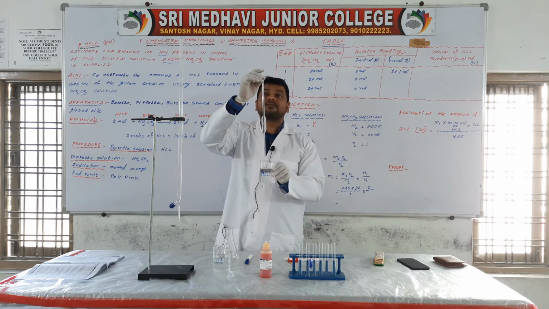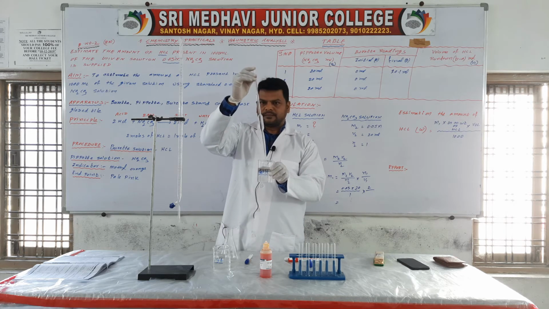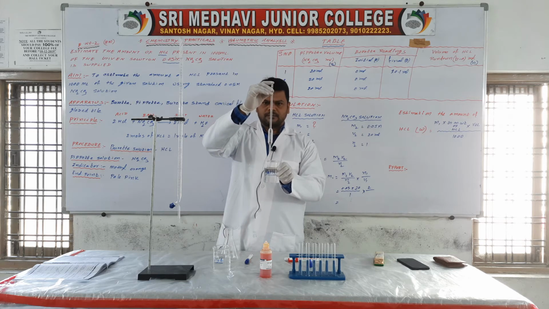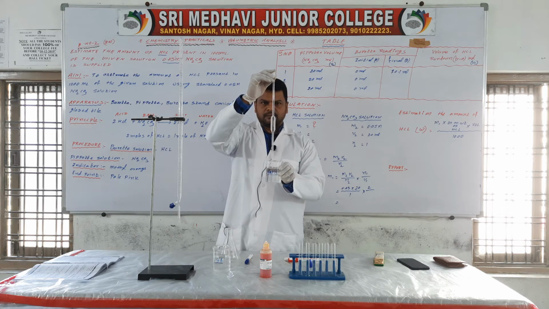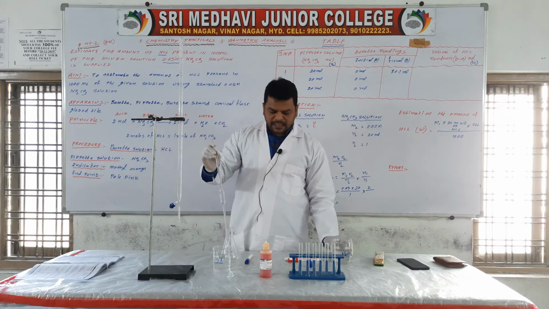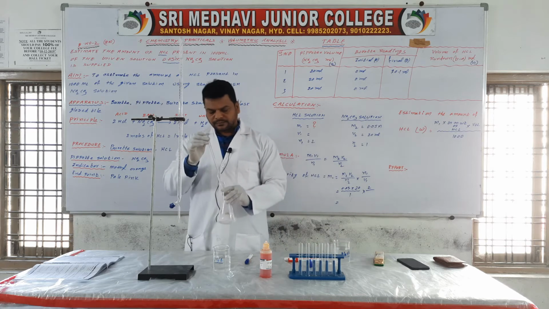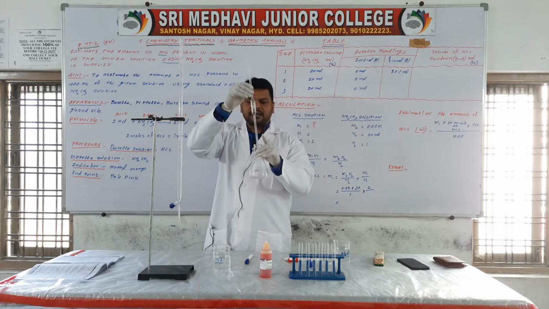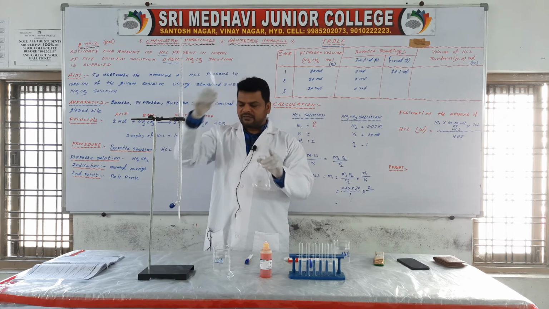You have to operate this with the help of this finger. Without air bubbles, you have to take 20 ml. If there is any air bubble, then you may get a wrong reading. So 20 ml I am taking into this conical flask.